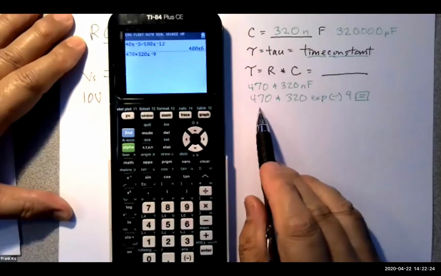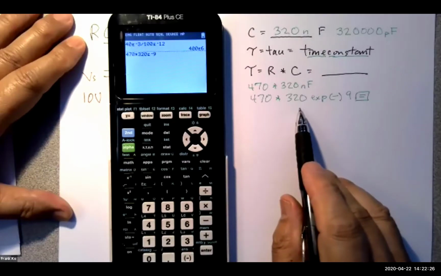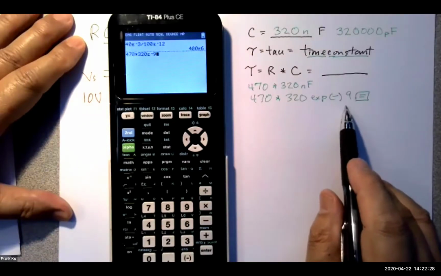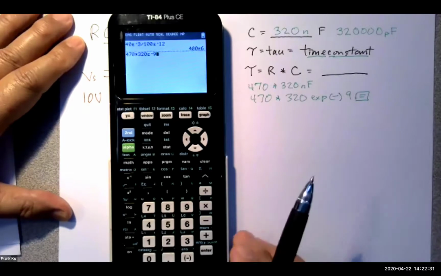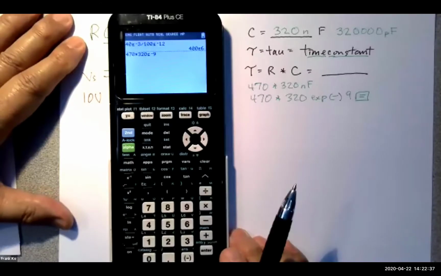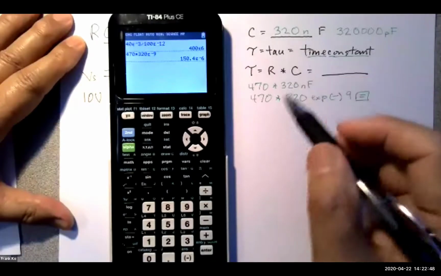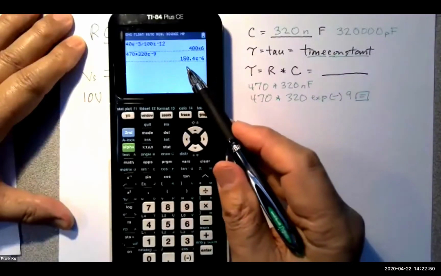Go ahead and key in 470 times 320 exponent -9 for the nano, and then hit equals. I didn't hear that fully. Oh, sorry. I am getting 150.4 microseconds. Okay, my calculator does the same.